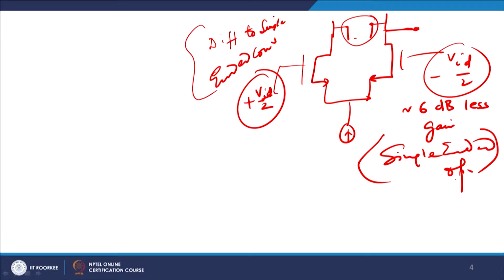If you do a single ended operation, you will get VID by 2, so you get 6 dB less gain. And the second cost you pay for it is, of course, that your common mode rejection is not very good. So, this is one of the problem areas which people faced when we were doing a differential amplifier to single ended amplifier.